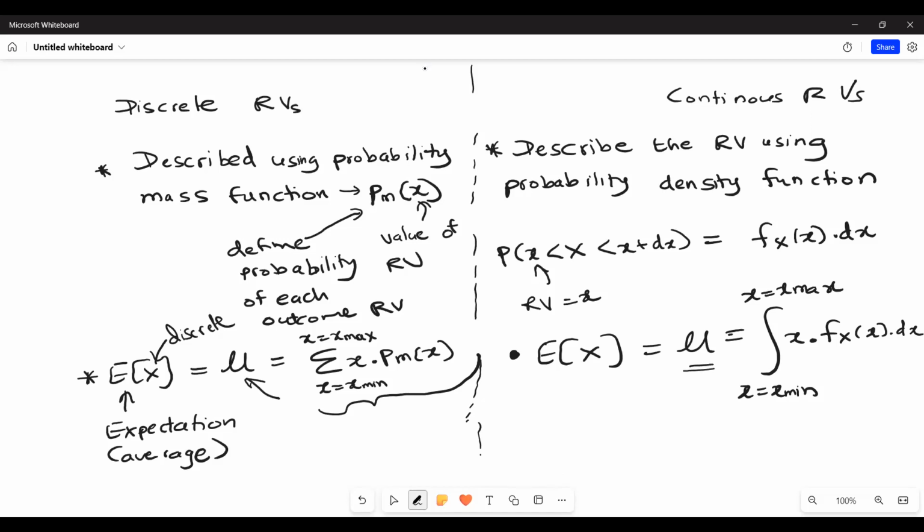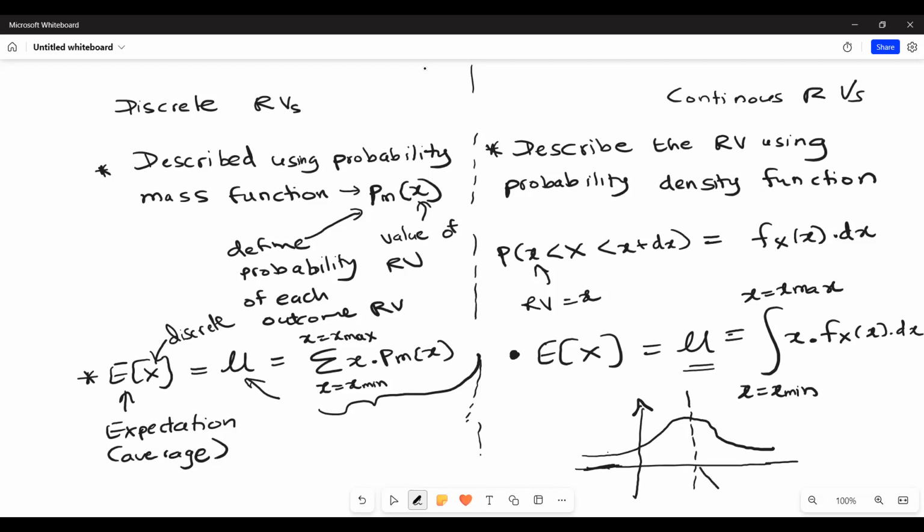Let's consider a probability density function that we can draw. I will take a general probability density function, and if I have to indicate mu, I will indicate that mu is in the center of that distribution function. So we can define the mu value as the center location of the distribution.